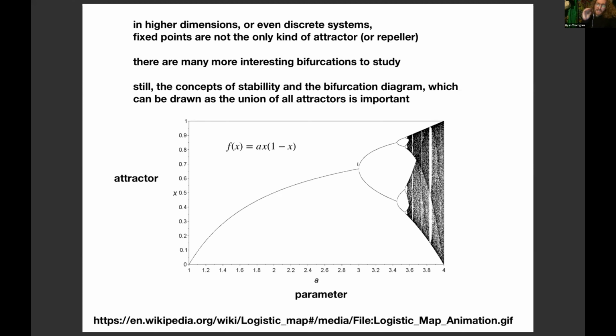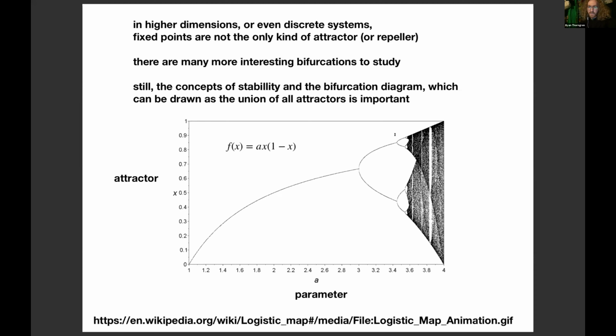Because what actually happens in this system is that suddenly we have a periodic orbit. So this is a new kind of bifurcation. This is one where a fixed point turns into a period 2 orbit. If you have a value here, you apply the function, now it's here, you apply it, you're back. So the function is just going back and forth.